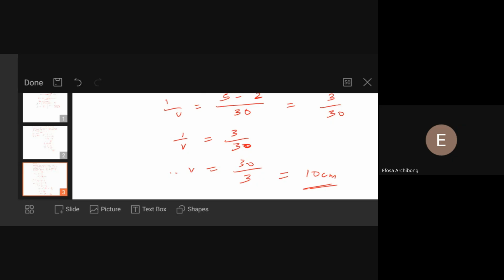And then the next question we are being asked is that we should find the magnification. How do we find magnification? As I said, magnification M is equal to the ratio of the image distance to the object distance.